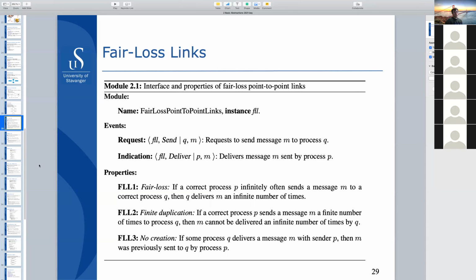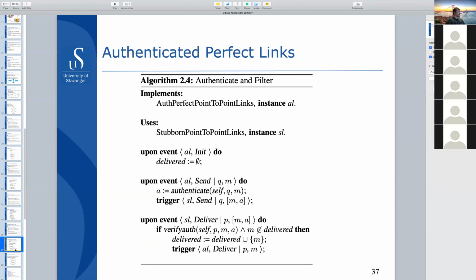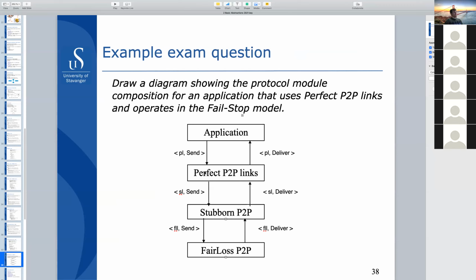So, okay, question: what part makes it operate in the fail-stop model? There's no part in the algorithm that makes it operate in fail-stop, but it's designed in the fail-stop model, meaning that when this algorithm was designed, it only accounted for processes being in either the correct state or the crash state.